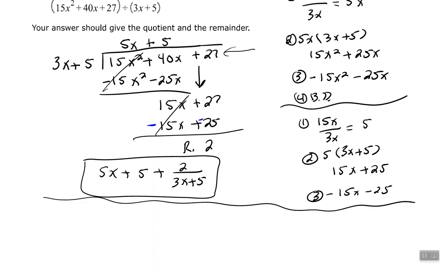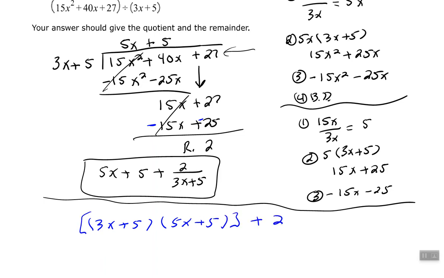So if you chose to check it, after you multiply those two things out completely, you would add 2 to whatever you get. So you can use your distributive property, add 2 to whatever you get, and you should get the 15x squared plus 40x plus 27. So that's how you can check it.